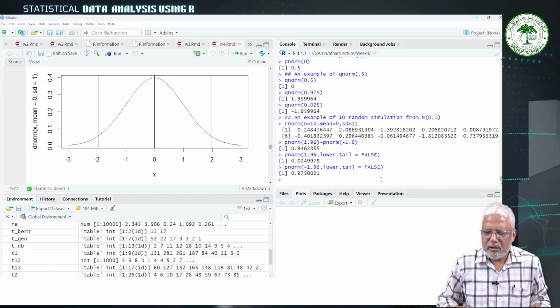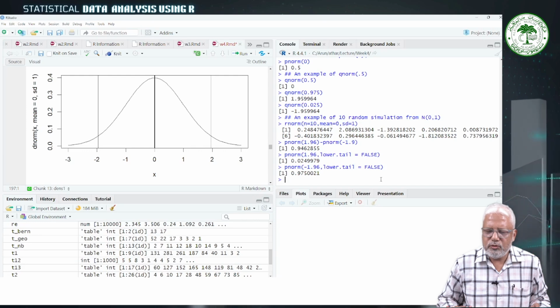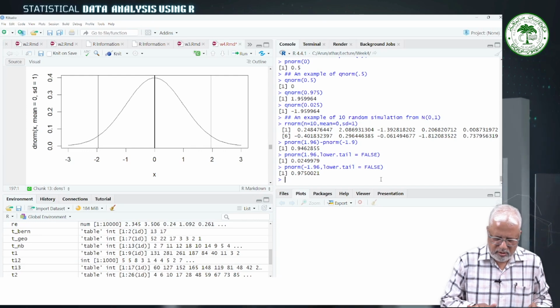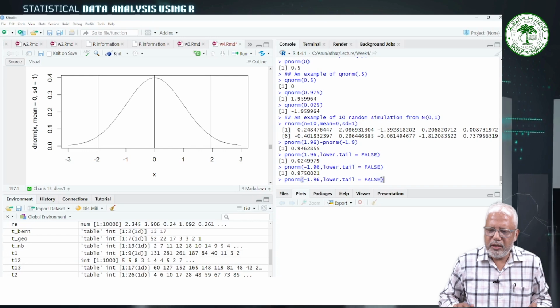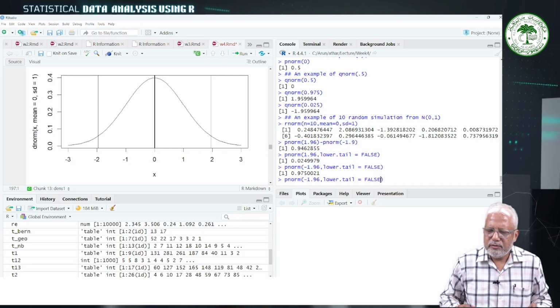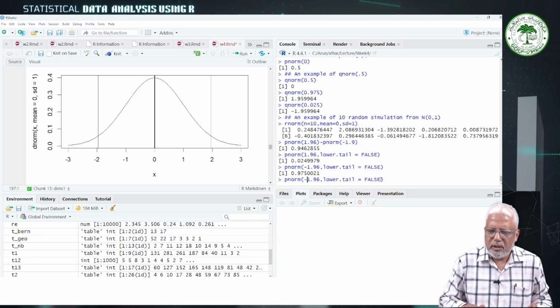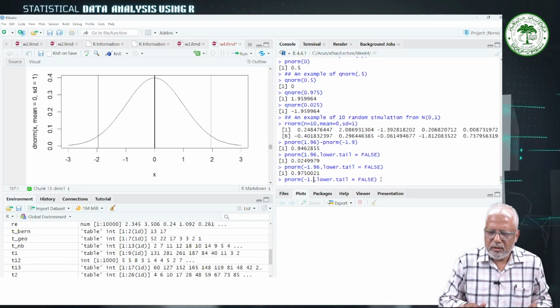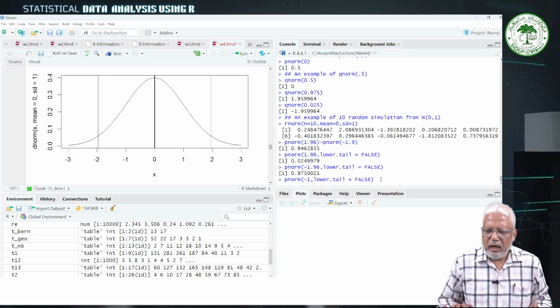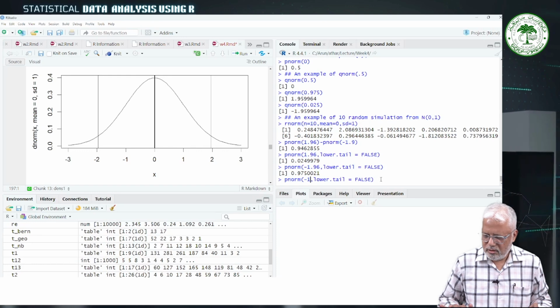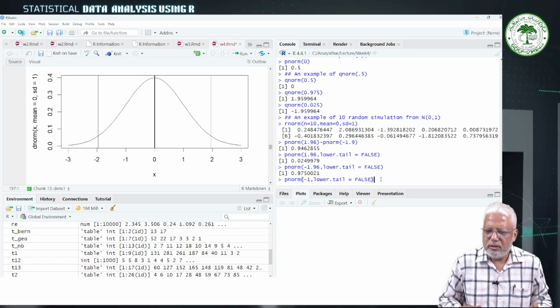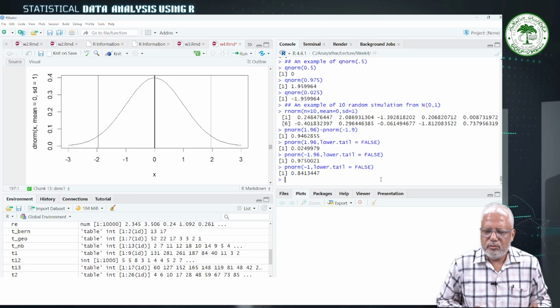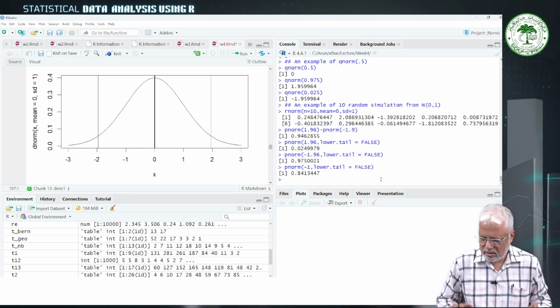Similarly, suppose we want the area above minus 1, so it is 84%. Above minus 1, it is 84%.